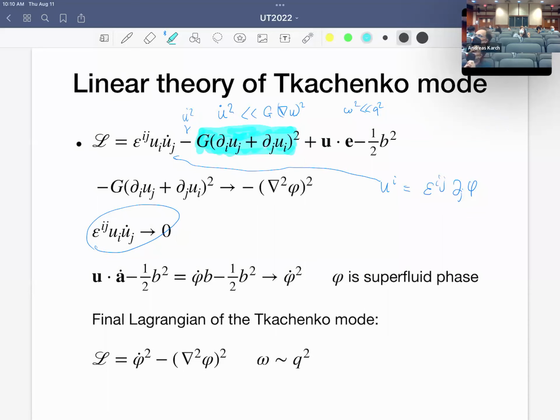So we have a term u a dot minus a half of b squared. We know that u is equal to epsilon ij d_j of phi, and here I have a dot. I can do integration by parts, pushing the time derivative and spatial derivative in different directions, and then I get phi dot minus b.